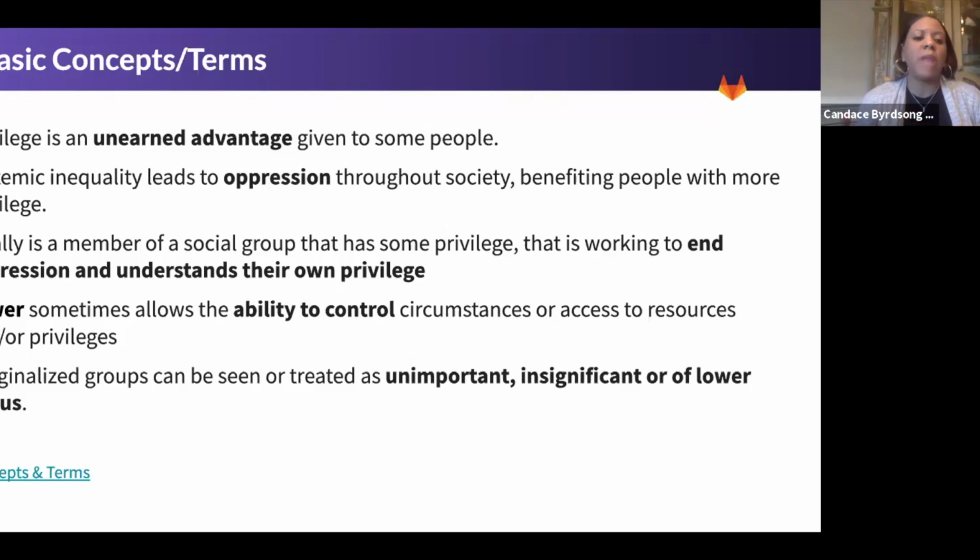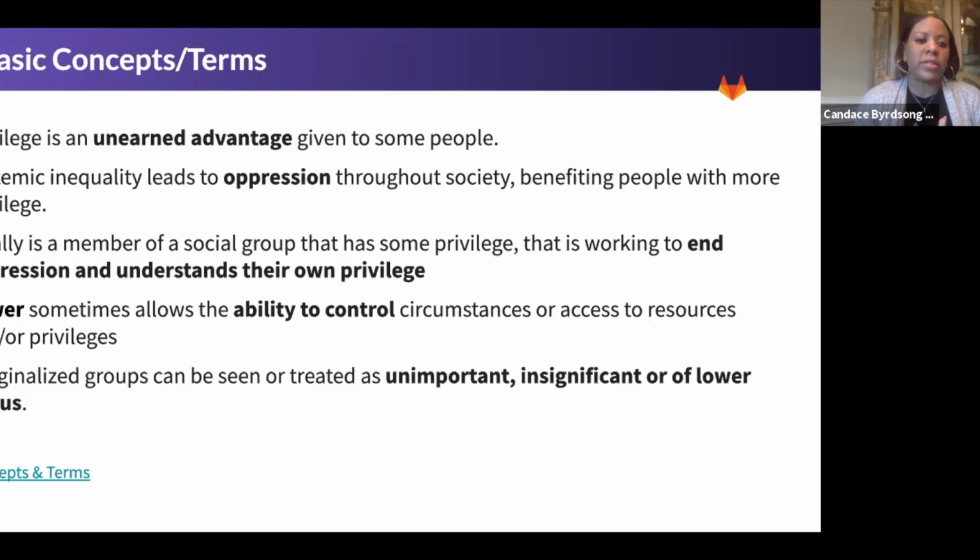And power sometimes allows you the ability to control circumstances or access resources and or privileges. An example for this would be if someone is a manager and there's someone applying for a role and a previous manager can advocate. They have the ability to control or influence the decision making for that particular person and or advocate for them. It could be someone of a diversity dimension, but it's just understanding how you have that ability to control.